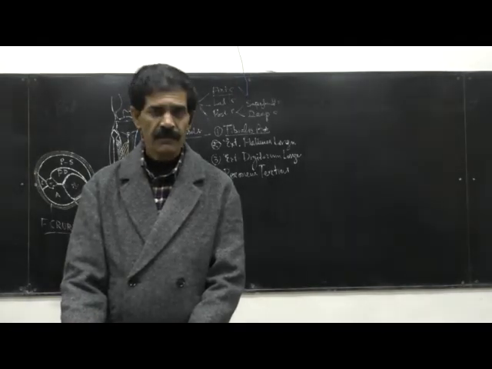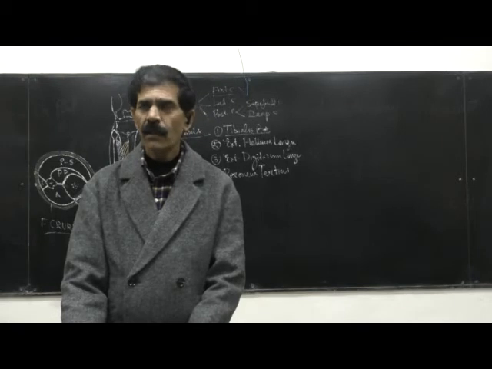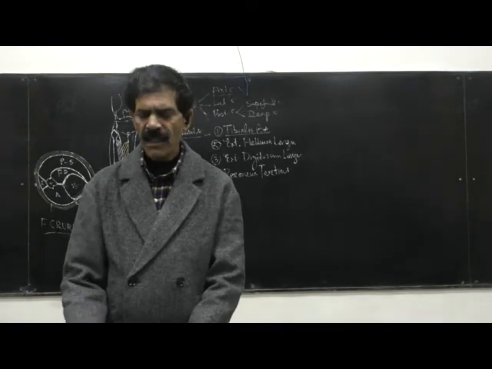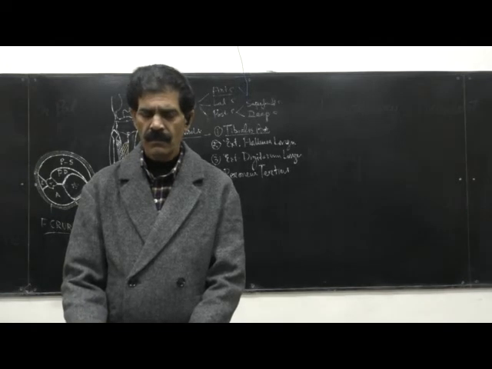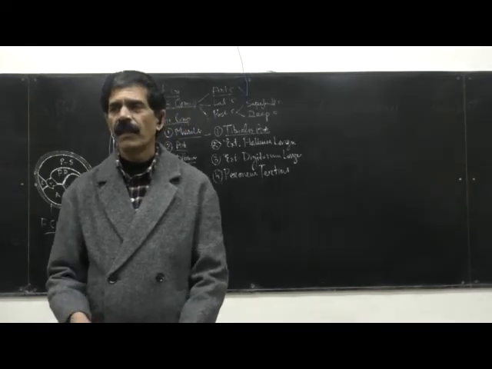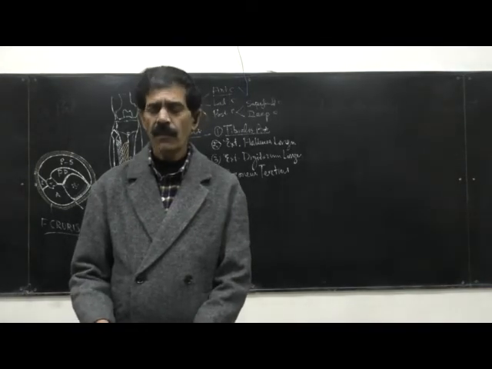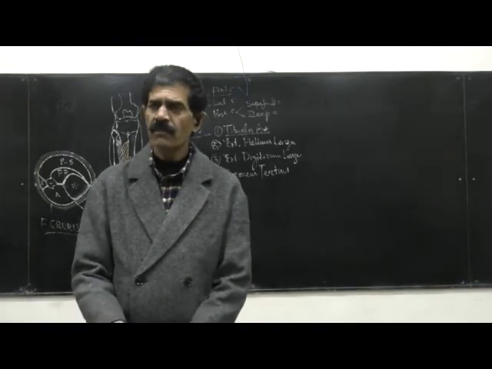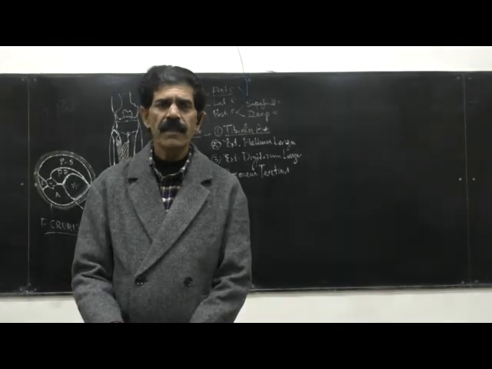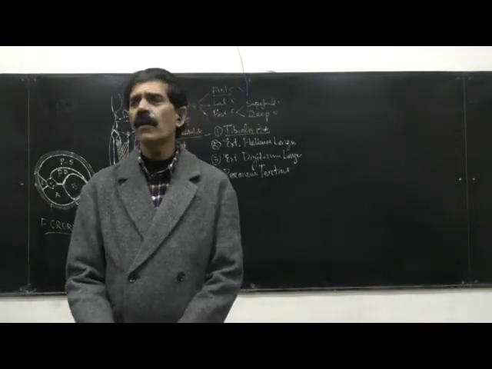Dorsiflexion. So tibialis anterior brings about dorsiflexion of the medial border of the foot. That is the action, and this action is very important in the inversion movement of the foot. That's why tibialis anterior is called the inverter of the foot.